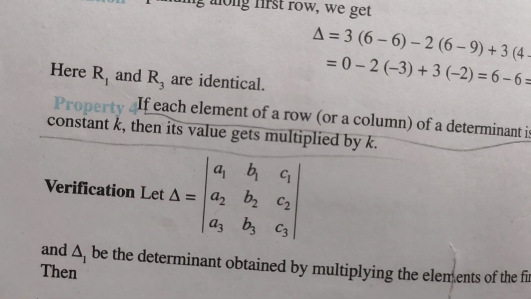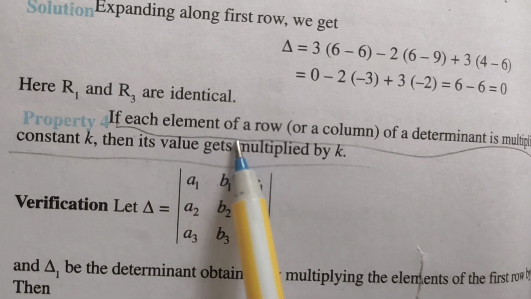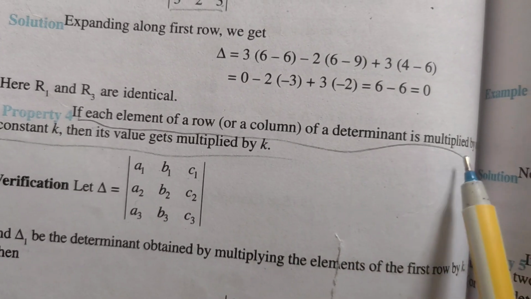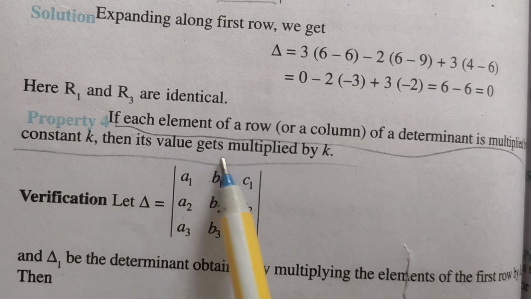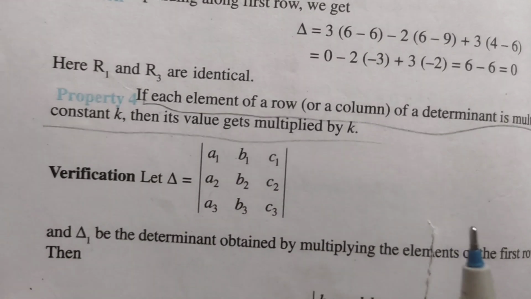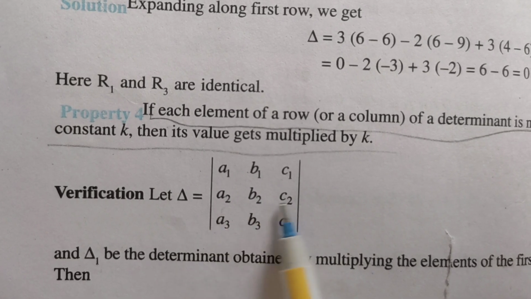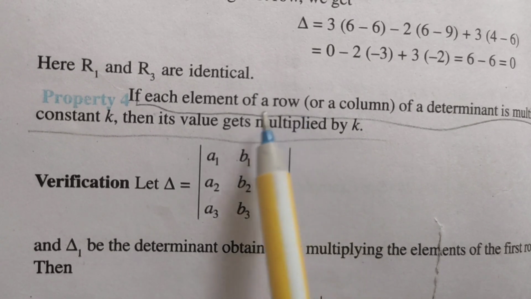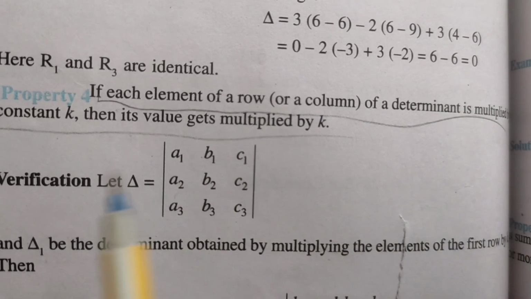The next property, property 4: if each element of a row or column of a determinant is multiplied by a constant k, then its value gets multiplied by k. Suppose we are taking a determinant A1, B1, C1 and A2, B2, C2, A3, B3, C3. Each element of a row of the determinant is multiplied by a constant.